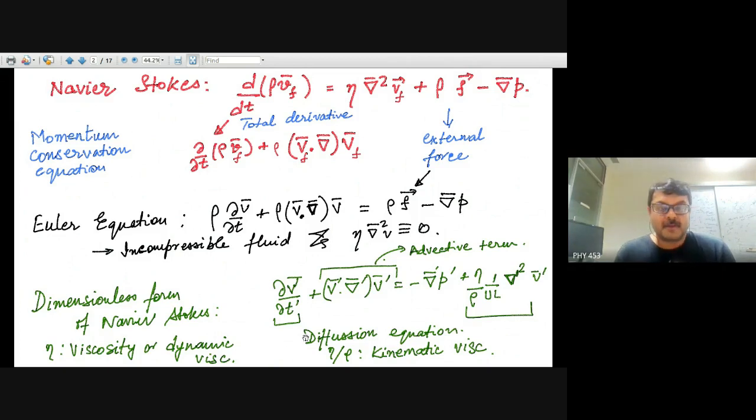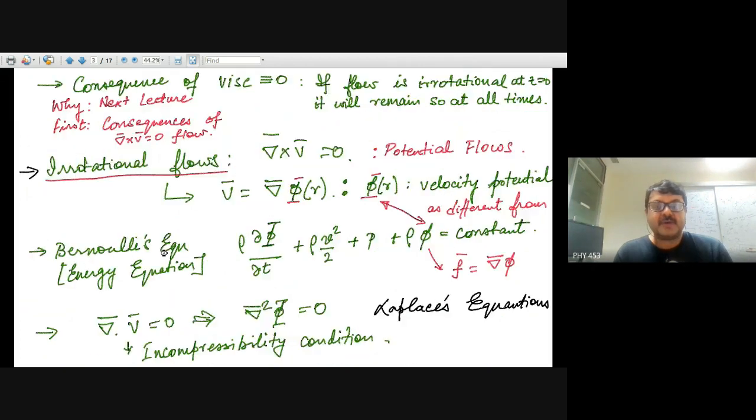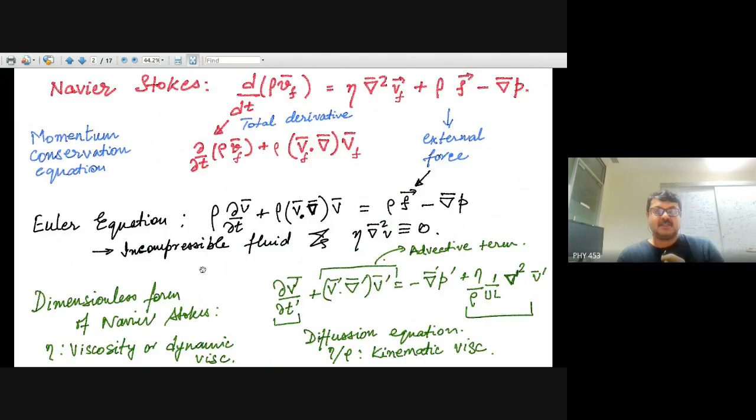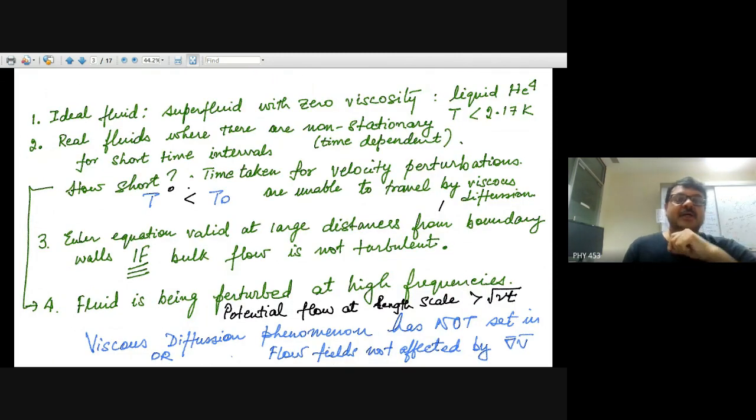Okay, the Euler equation. You've come across it, it looks like this. When you write v dot grad v, it assumes an incompressible fluid, which means divergence of v equals 0. And we're going to work with these aspects. When is the Euler equation valid?